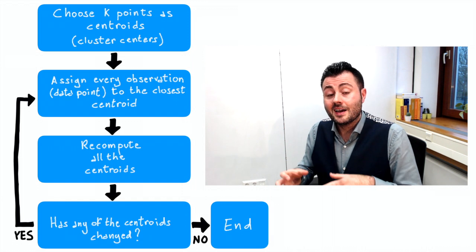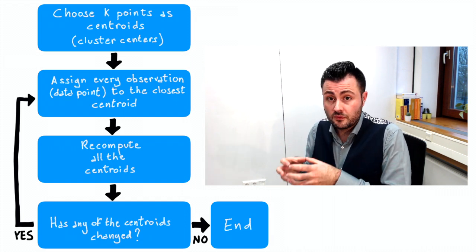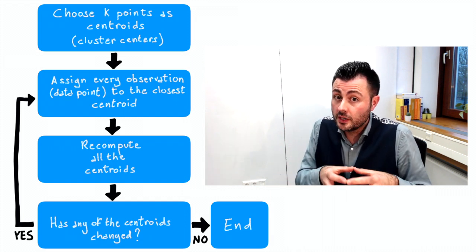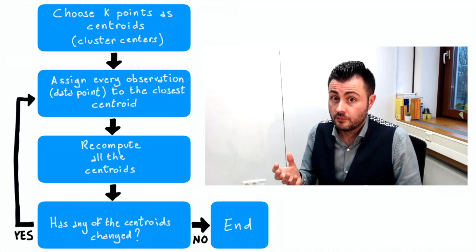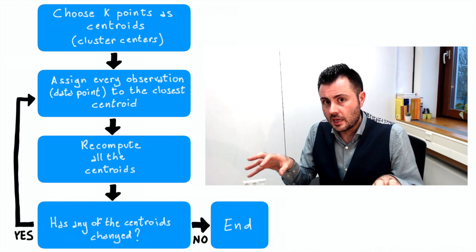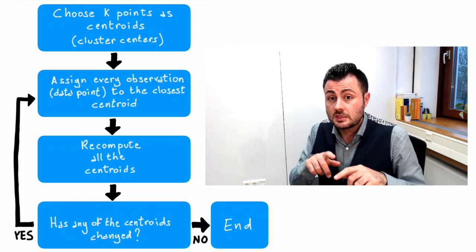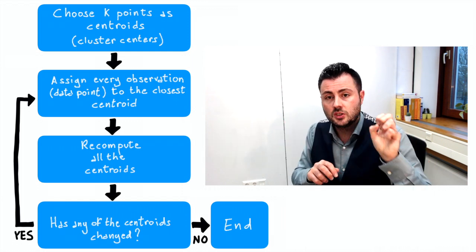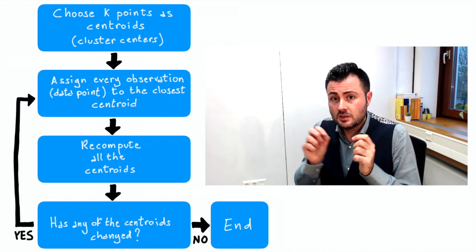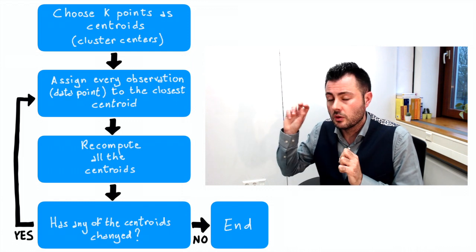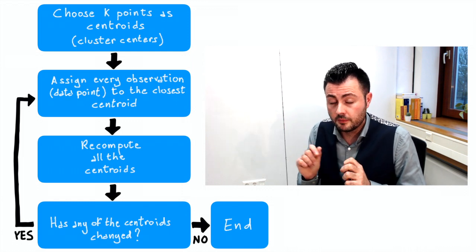After that, I assign the observation to the centroid with respect to which the Euclidean distance is the smallest one. So I start with these 10 centroids, I compute all the distances, and then I say observation 1 belongs to centroid 3 because the distance between observation 1 and centroid 3 is the smallest one.